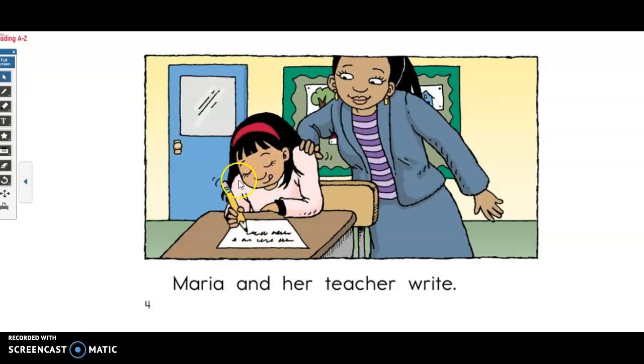And if we look closely at this character's face, what do you notice? I noticed that her mouth is closed, her tongue is out. She looks like she's looking down at her writing. It looks like Maria is working really hard. So here we have two characters that get along very nicely and that are working hard on their writing.